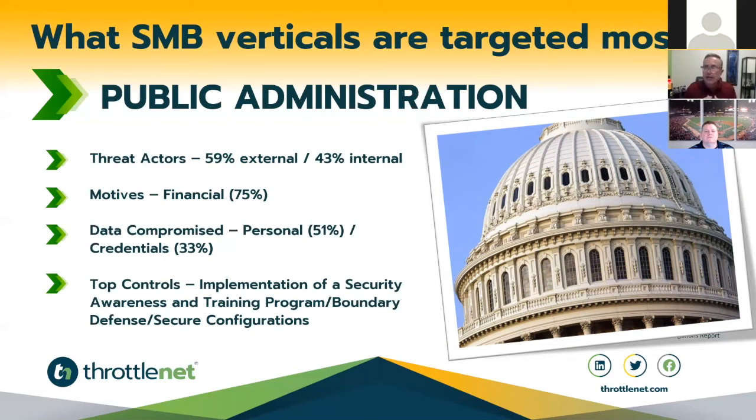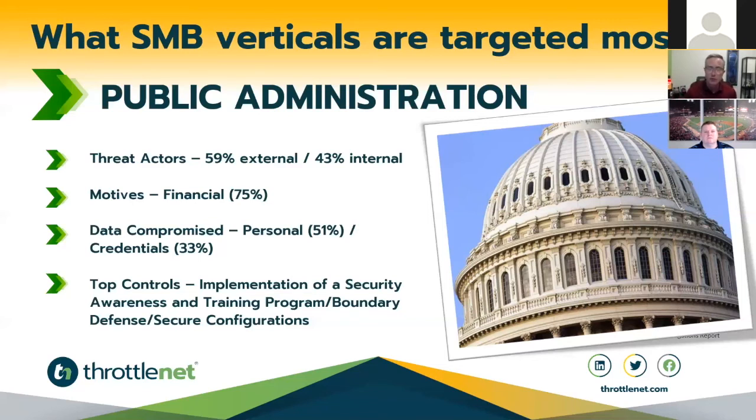There was no way they could access any of that information anymore. And as a result, the bad actors said, well, we know what we've got. Here's what we want in return for it. So again, that's why public administration is such an appealing vertical for these individuals to go after.